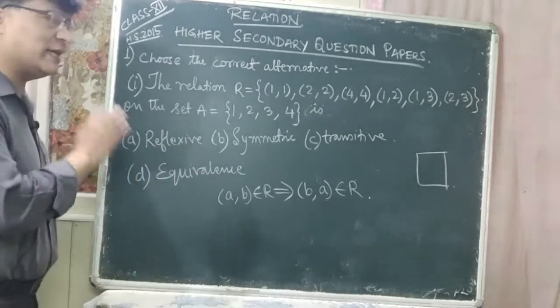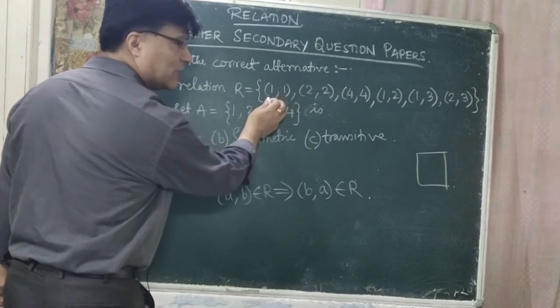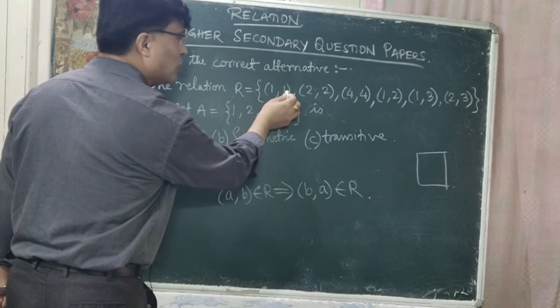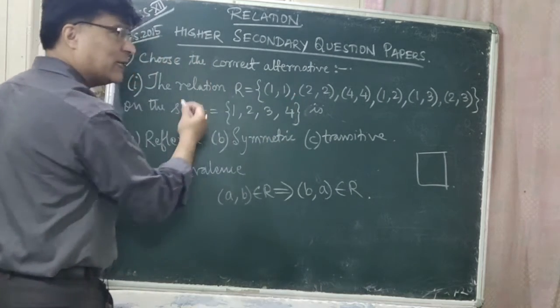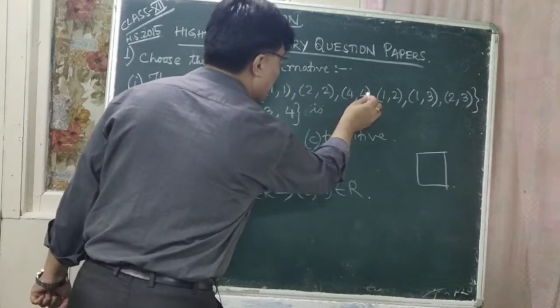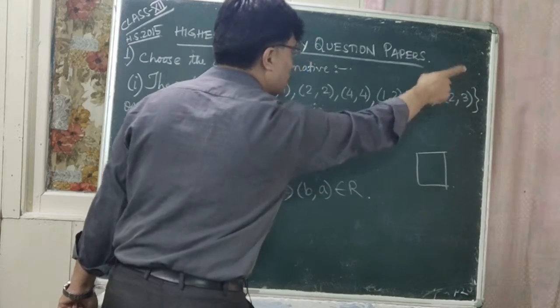Now let us check it. (1,1) is there, and (1,1) is also there. If (2,2) is there, (2,2) is there. (4,4) is there, (4,4) is there. (1,2) is there. Is there (2,1)?